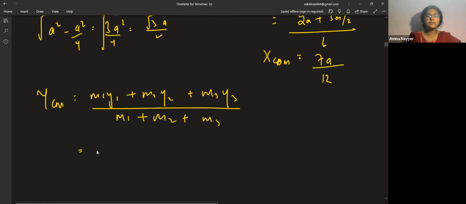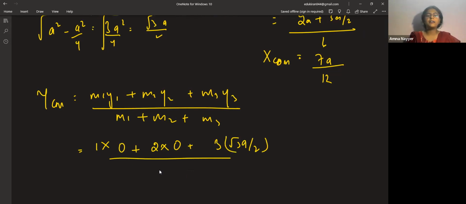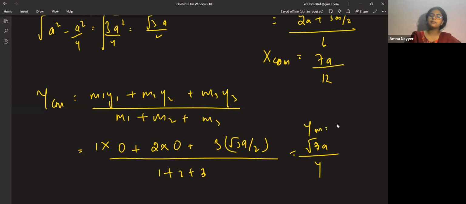So M1 is 1 kg, Y1 was 0, M2 was 2 kg, Y2 was 0 again, M3 was 3 kg, and this was root 3 A by 2, divided by 1 plus 2 plus 3. So the 0, 0, 3, this becomes 6, so this becomes root 3 A by 4. So this is YCM, that was XCM. This is how you have to find it.